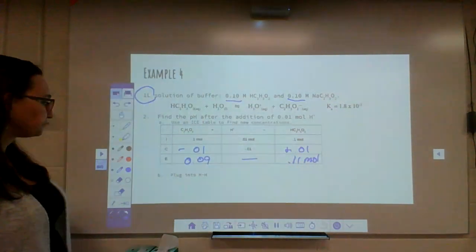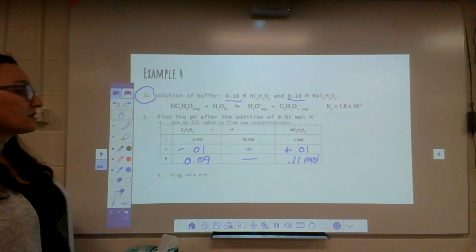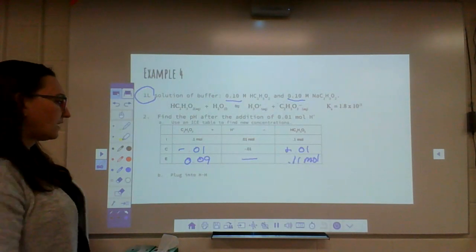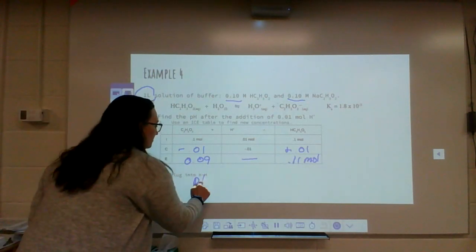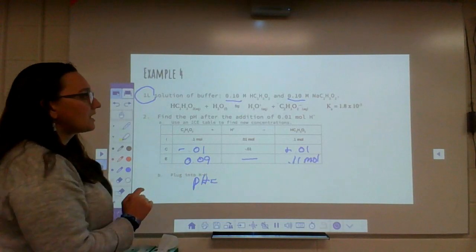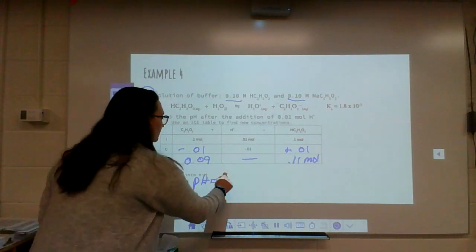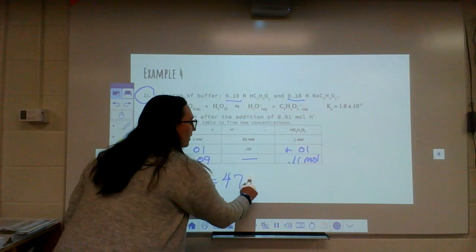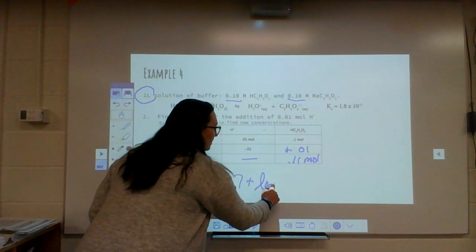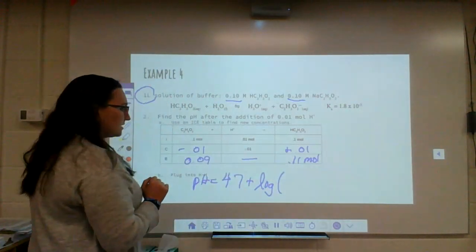Now I'm going to plug these new concentrations into my Henderson-Hasselbalch equation. So pH is equal to my pKa, and the pKa I calculated before was 4.7, plus the log of my new ratio.